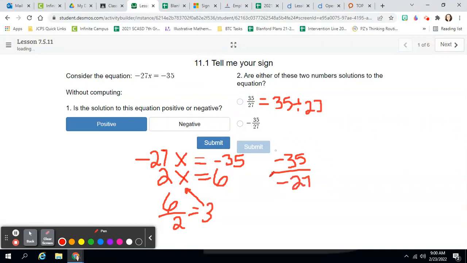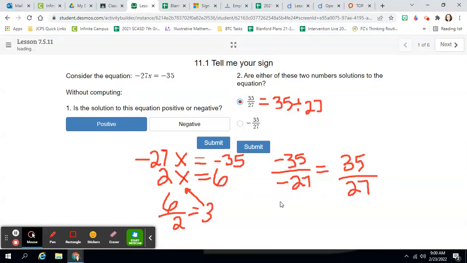And if I divide two numbers like this, it's going to equal a positive. So I could simplify this as 35 27ths because when we divide two negatives, we get a positive number. So I know that can also be my response.